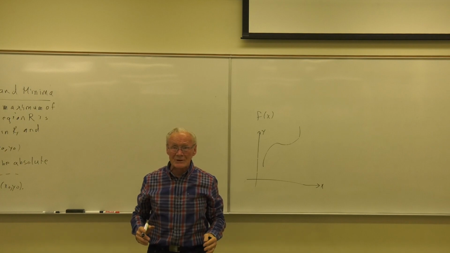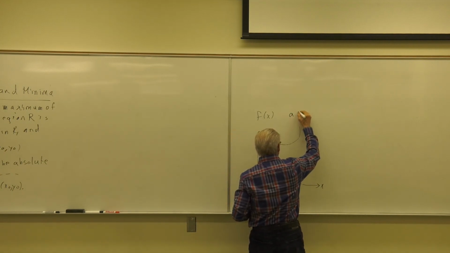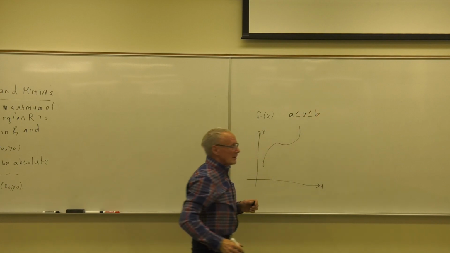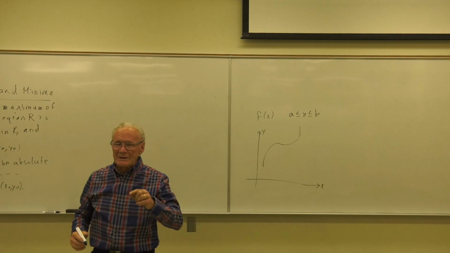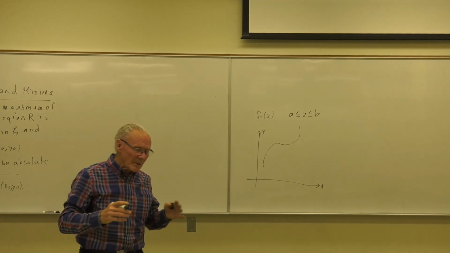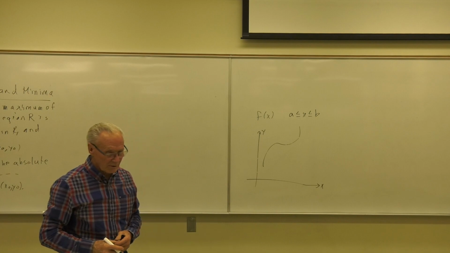So it changes depending upon the interval. So you must specify an interval. And in most problems, it's a closed interval, at least for what I want to say now. But there are some applications where the interval is open, and then you have to adapt.